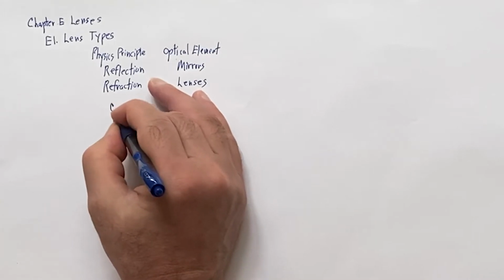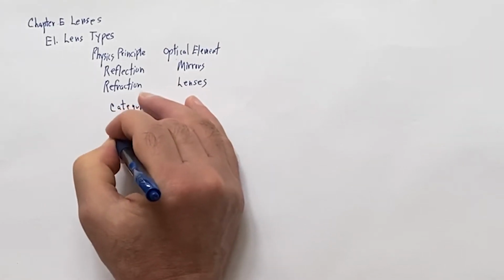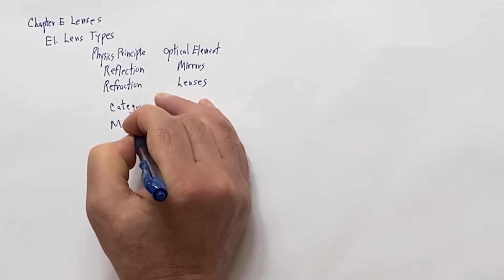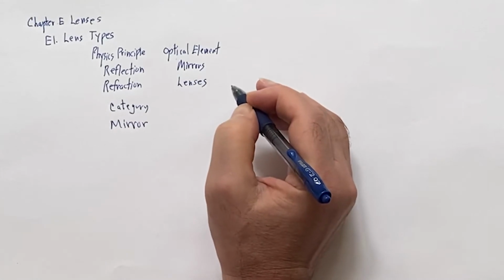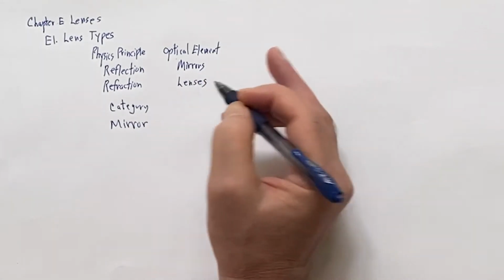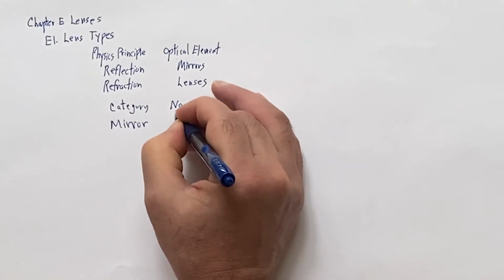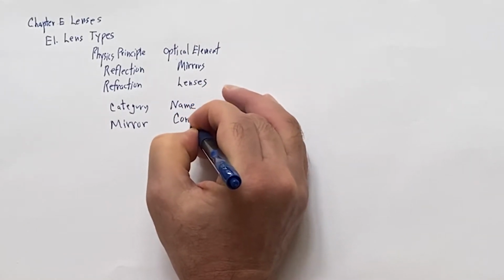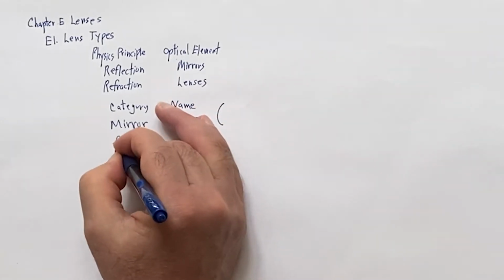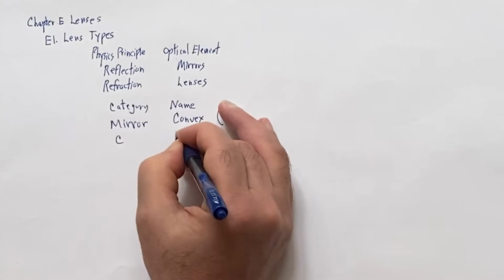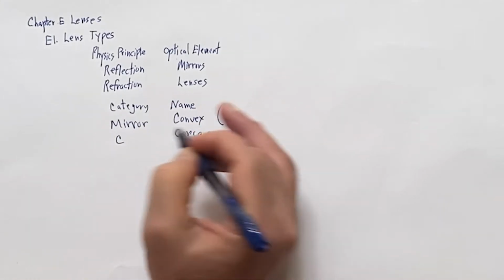Now, if we look at the category for a mirror, we had two types, well, three, but let's focus on the ones that are curved. You had the plane mirror, but let's look at the two curved ones. We had convex, that would be this shape, and we had concave, that shape.